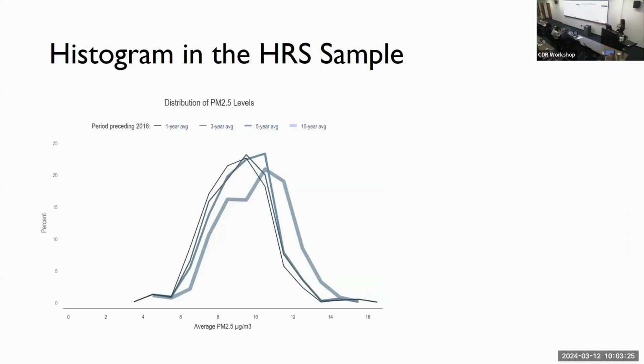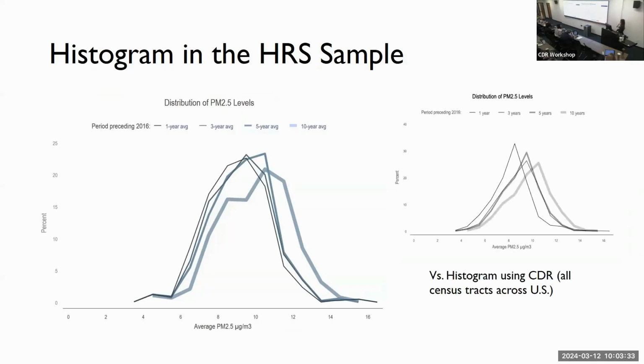And now this represents the distribution of PM2.5 in the HRS sample. So you can compare the distribution of the contextual PM2.5 in your data set with the distribution of it across the United States.